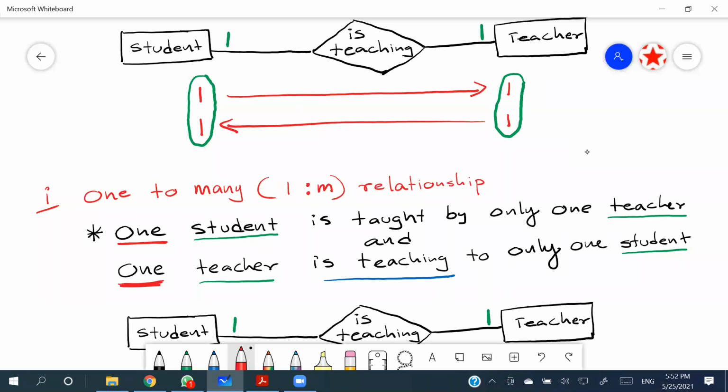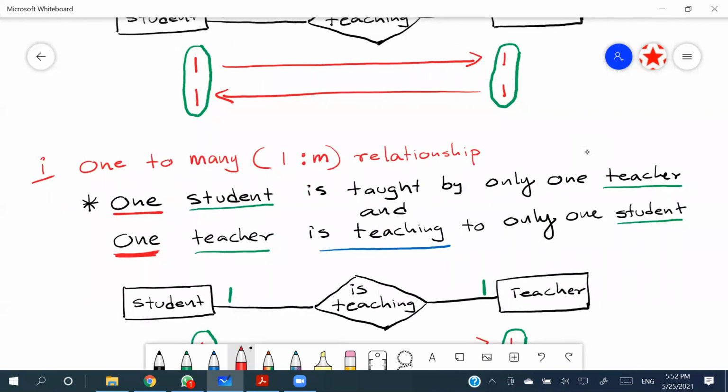And in this particular one, the scenario comes like one student is taught by only one teacher, goes like that, and one teacher is teaching... here it's going to differ. Many students.